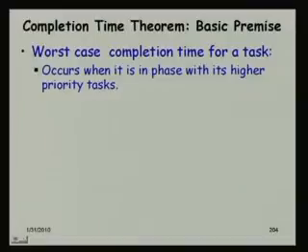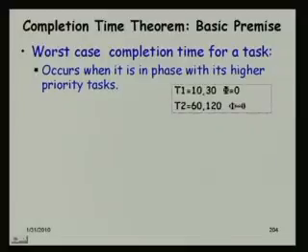So, if we can check for the worst case situation, that is all tasks are in phase, then we can say that they will meet deadlines under all phasings. Now, to explain this idea that when the tasks are in phase, the worst case occurs, let us take one example. We will take 2 tasks.